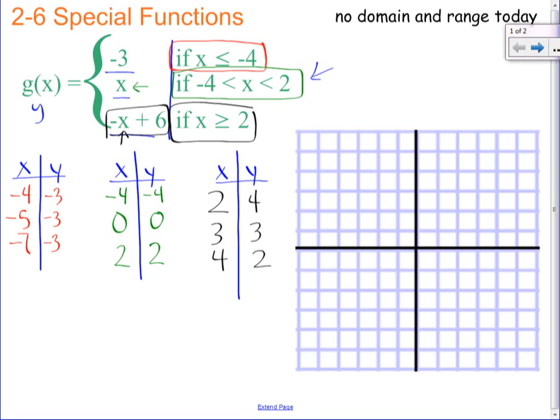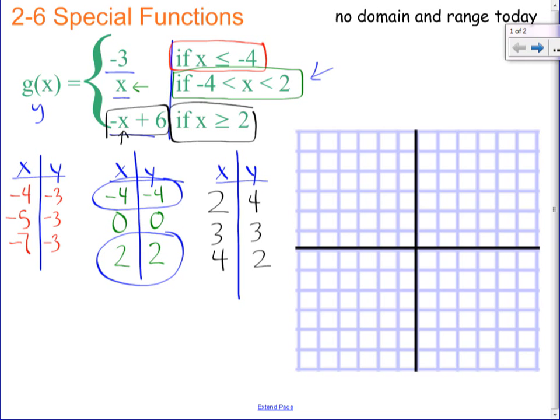Because they're not or equal to, there's not a line underneath the inequality. It's just less than and less than. So on the -4 and the 2, this is my reminder to myself that these are going to be open circles when I graph them. These two coordinates are going to be open. The rest of them are going to be all filled in.